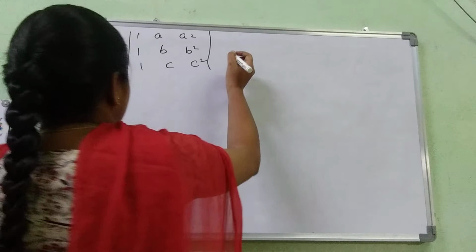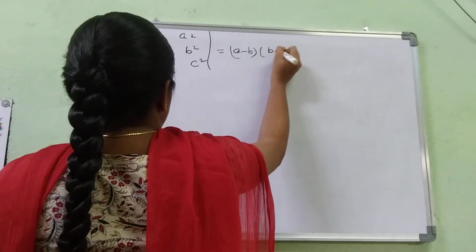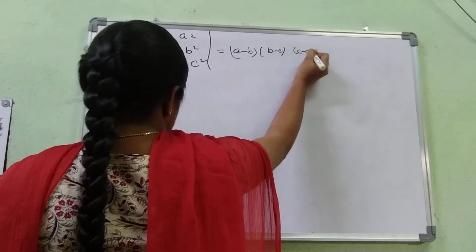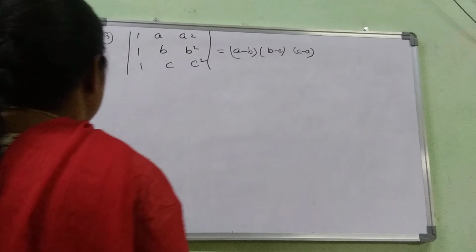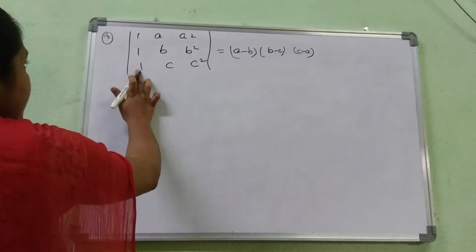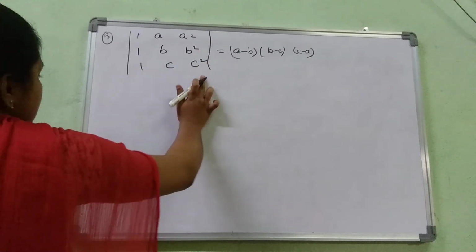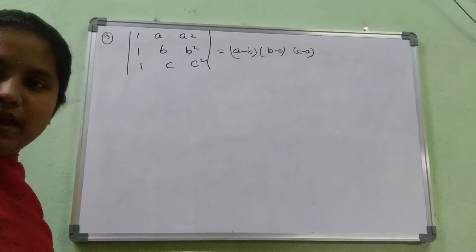We need to prove it is A minus B into B minus C into C minus A. Okay? It's nothing but we need to prove that the determinant of 1, A, A square; 1, B, B square; 1, C, C square is equal to A minus B into B minus C into C minus A.